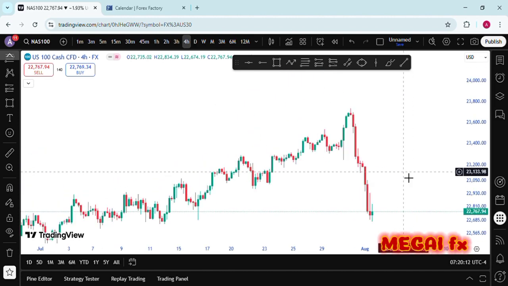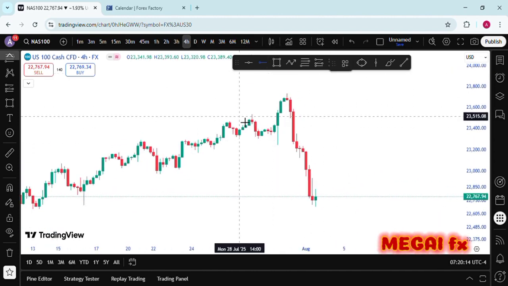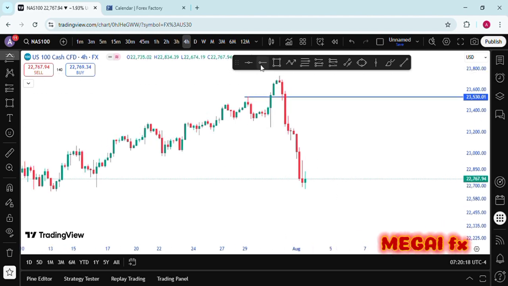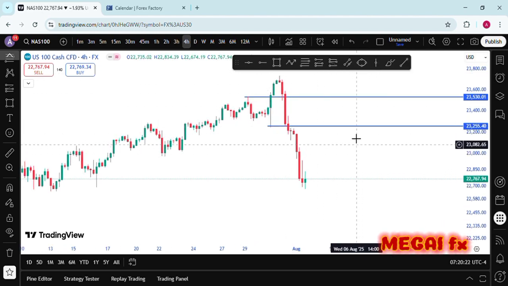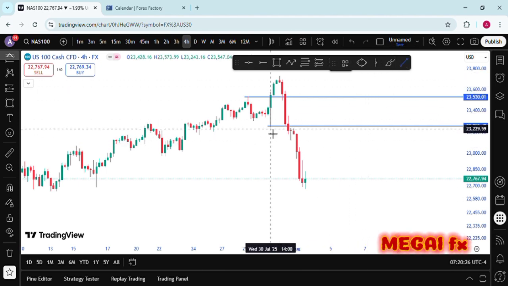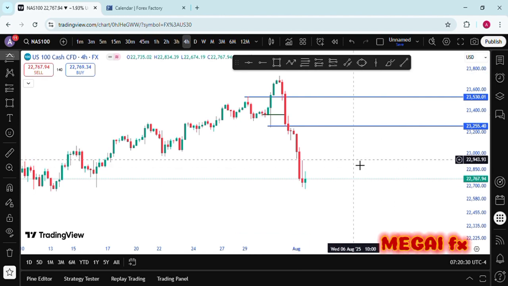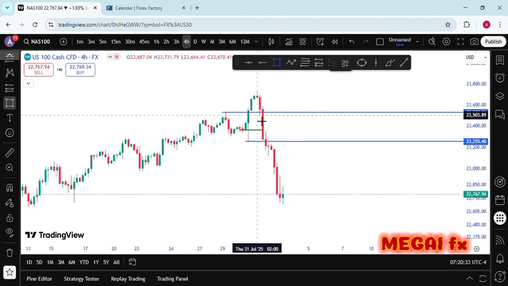You notice that we already have, we took liquidity here, came back to the range, then had market structure shift here. Or if you want to talk about change in state of delivery, this is where we got our change in state of delivery. So, and we have a fair value gap here.